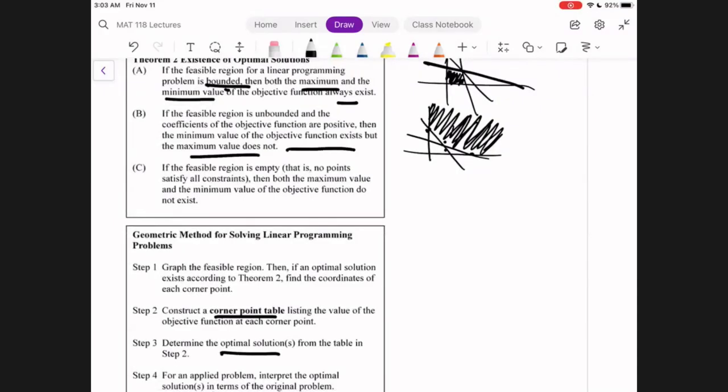So I would suggest looking at, there's no practice problem in the book, but it's on page 278. It's right before example 3.